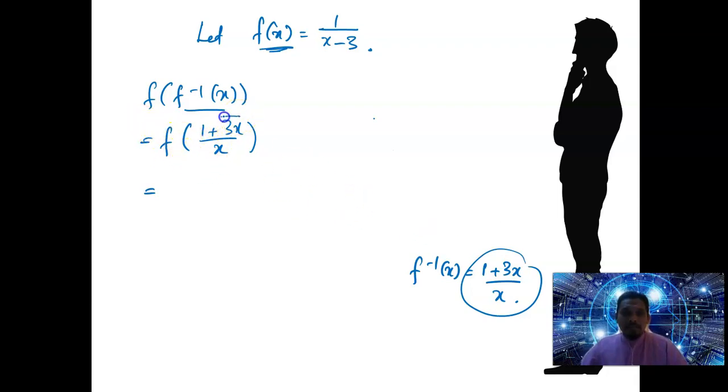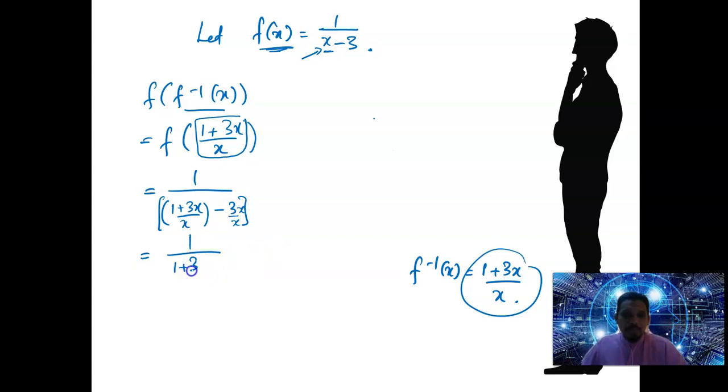And then substitute all this into x of the function f, which is 1 over 1 plus 3x divided by x minus 3. So we try to simplify the denominator here. Just imagine that we have an x here and x here.